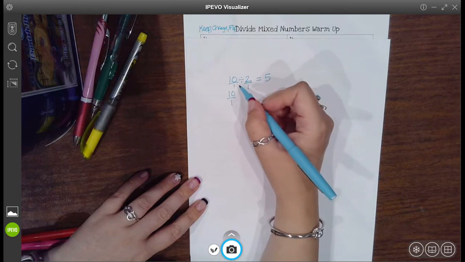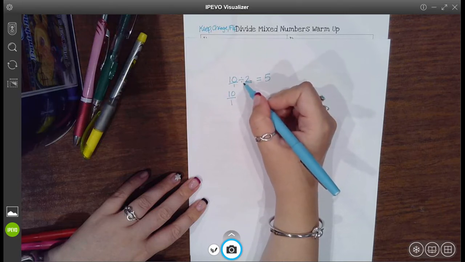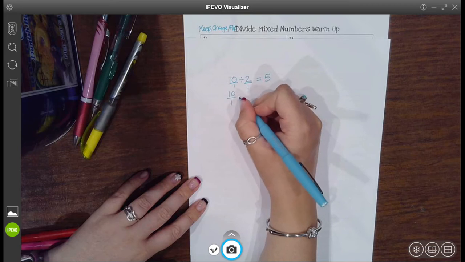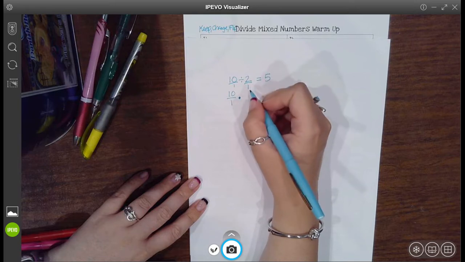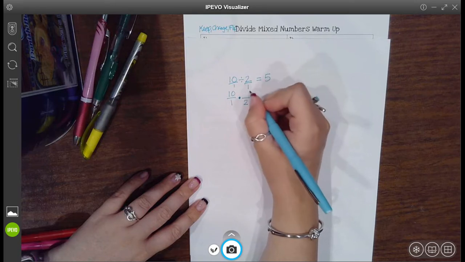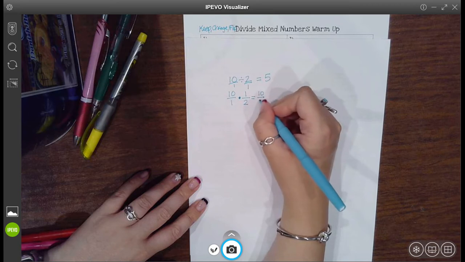Well, if I do my keep, change, flip, I'm going to keep this the same. I'm going to change division to multiplication, and I'm going to flip the second fraction. So 2 goes to the bottom and 1 goes to the top. When you multiply across, 10 times 1 is 10. 1 times 2 is 2.